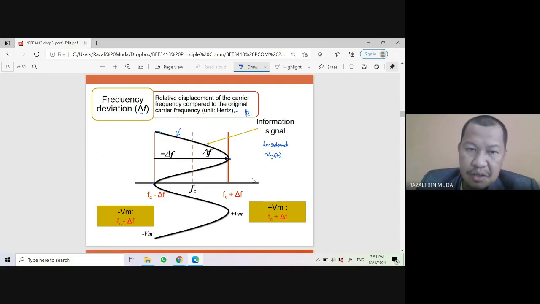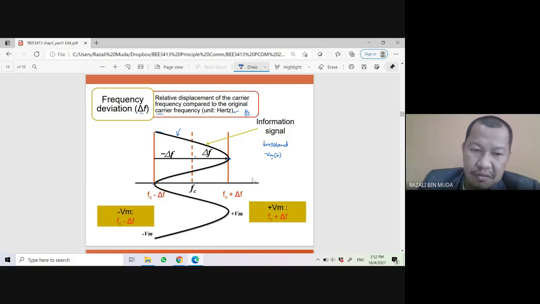frequency deviation, either plus delta F or minus delta F. Here this is FC. From the original carrier frequency FC, the frequency will be changed either to FC plus delta F, which we call positive deviation, or FC minus delta F, which is called negative deviation.